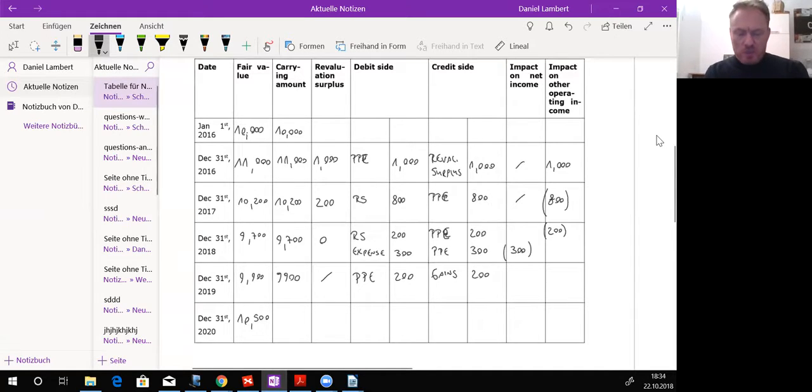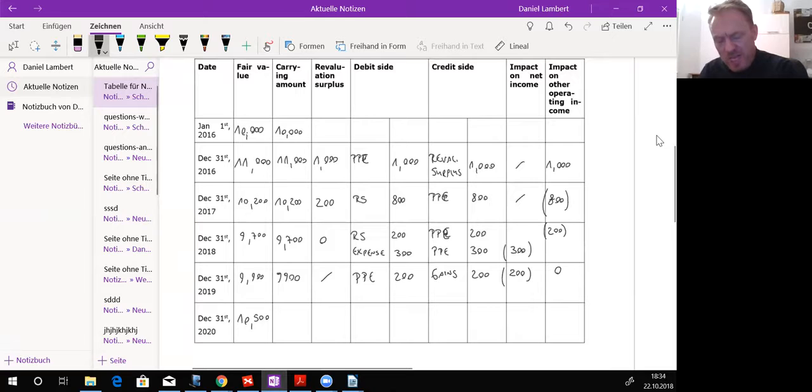No revaluation surplus, and 200, but as an effect of the income statement, because if the income statement goes down and the effect is reversed, the income statement is going to go up again, meaning there is no effect on other operating income.